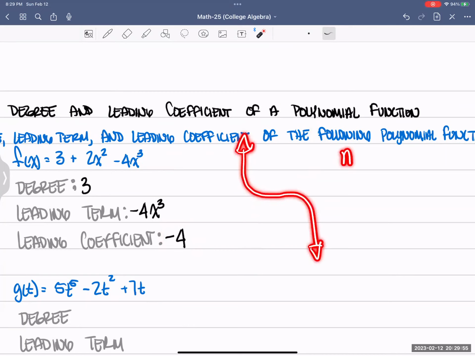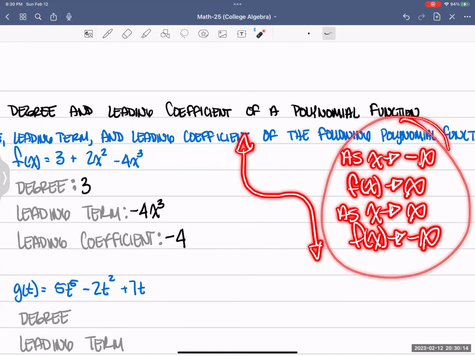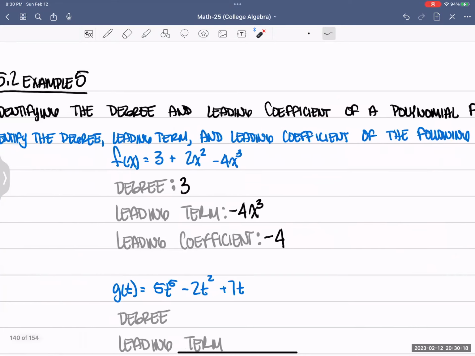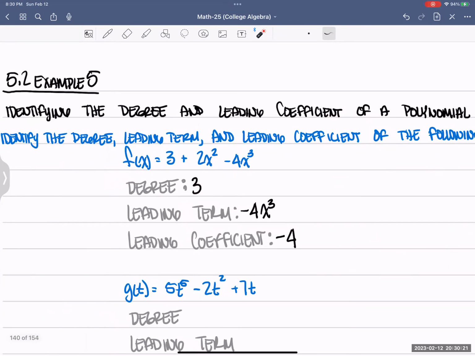So as x approaches -infinity, our function approaches positive infinity. And as x approaches positive infinity, our function approaches -infinity. So all of this we gathered from this information right here. Pretty amazing if you ask me, but let's continue.